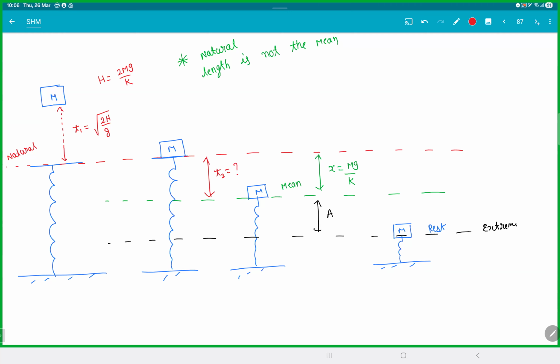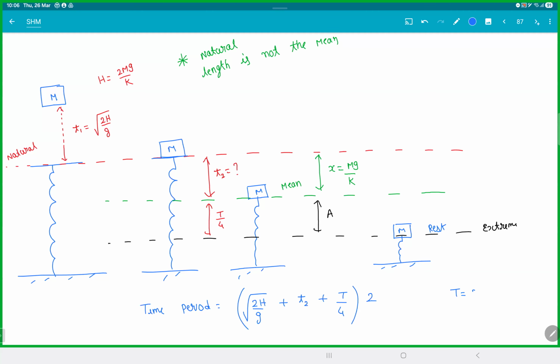From mean position to extreme, this time is T by 4, that I know. So the total time period will be root over 2h by g plus t2 plus T by 4. This is one-way journey, into 2 to go back to the initial position.